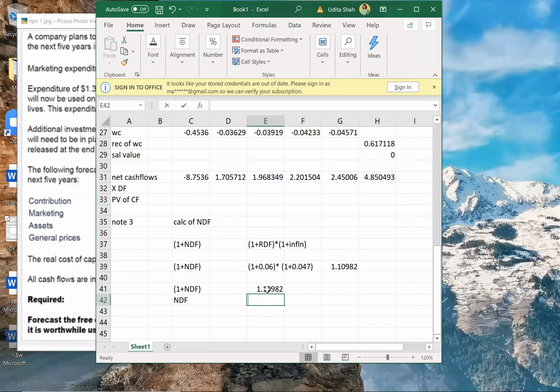So 1.10982 minus 1. Correct? So that is 0.10982, or I can say NDF equal to 10.982%.